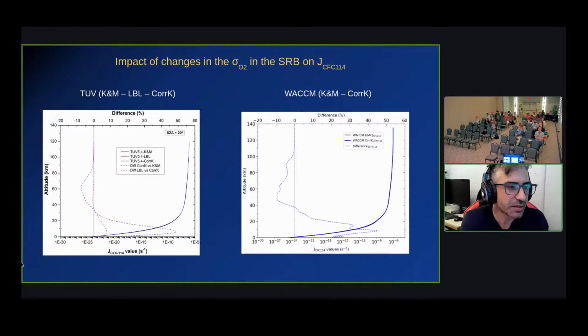One of these species is CFC-114, and we can observe a really good agreement with the results in TUV and in WACCM.